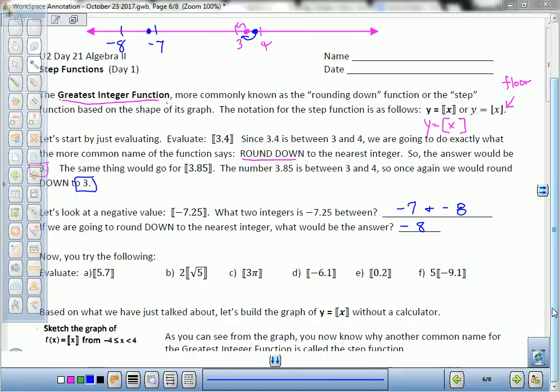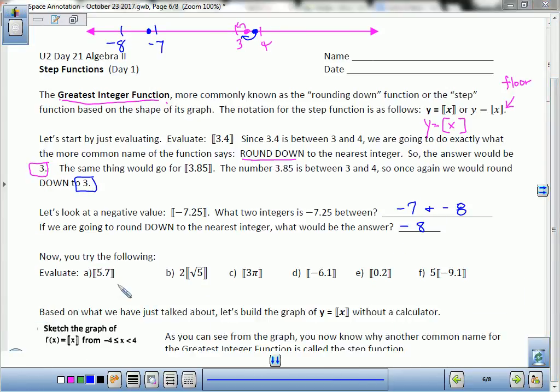So that's what we're going to look at first. We're going to round down. Practice rounding down. So even though we want to round to the nearest, we're not going to. This tells us to round down. So if we round 5.7 down, it rounds to 5. Now, square root of 5. I don't know exactly what that is. I kind of approximately know what that is.